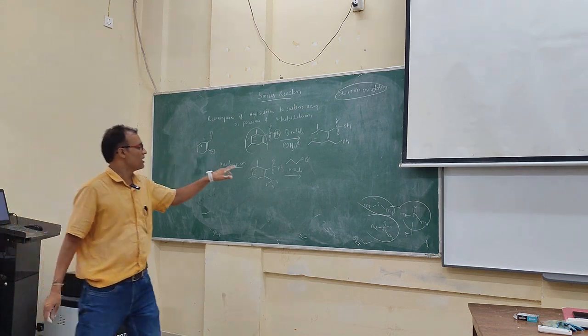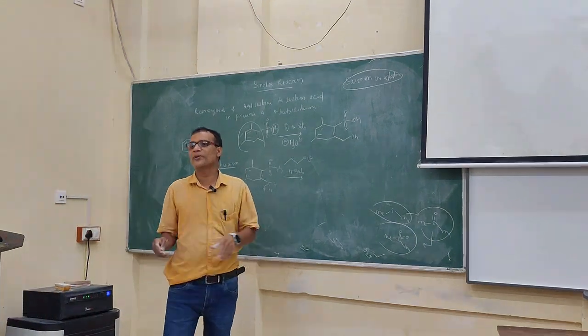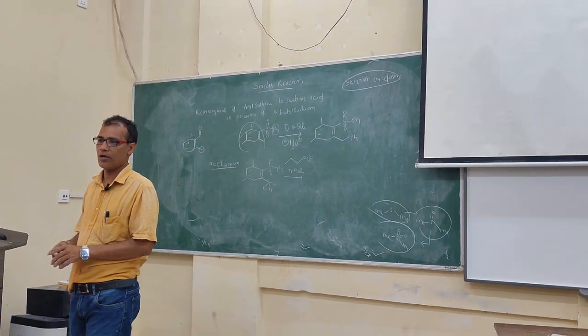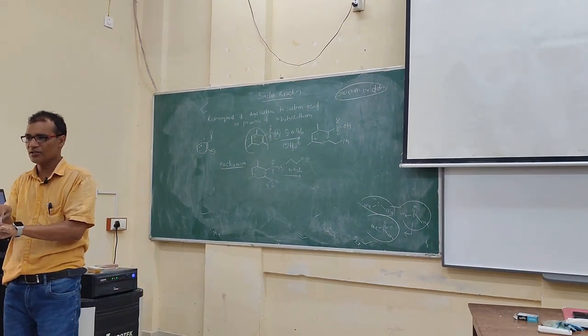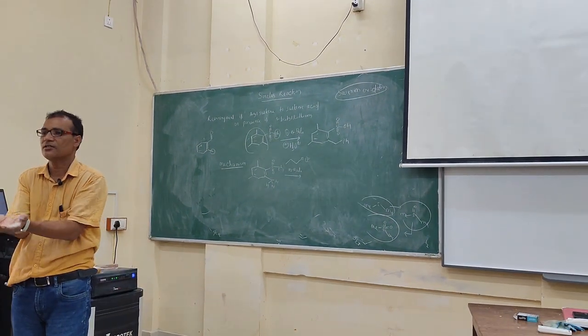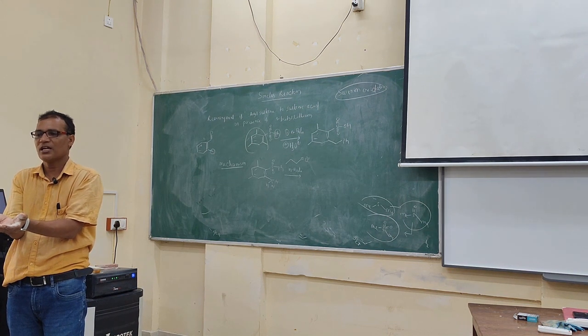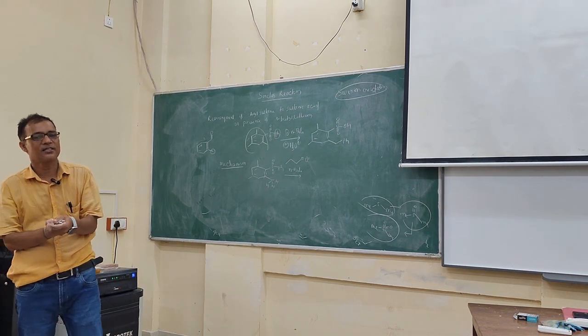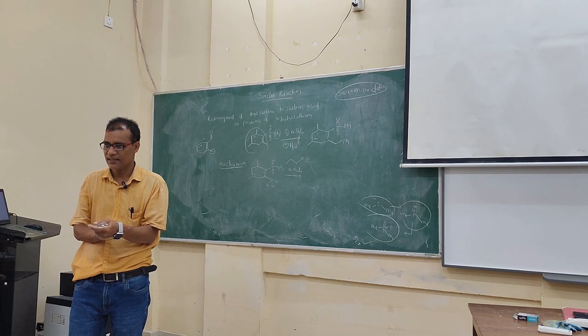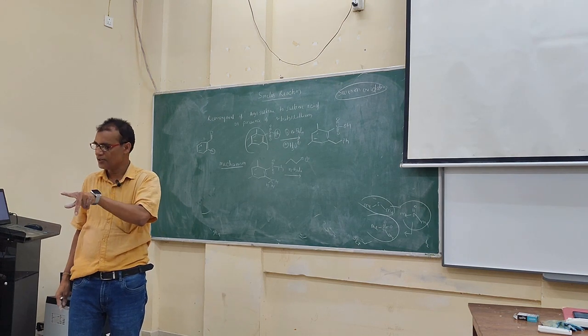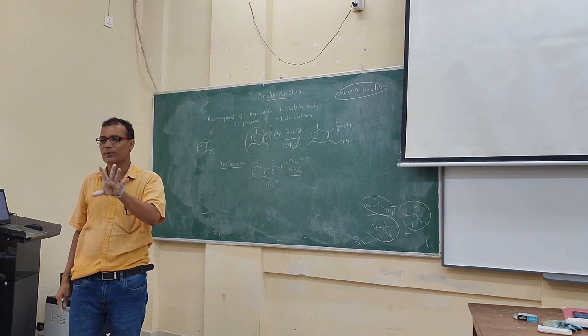So you need low temperature to do the reaction. That means before adding to a reaction, you have to cool the reaction temperature. Sometimes you have to carry out that reaction at minus 90 degrees centigrade, or minus 30, or minimum minus 40 degrees, because it is explosive.